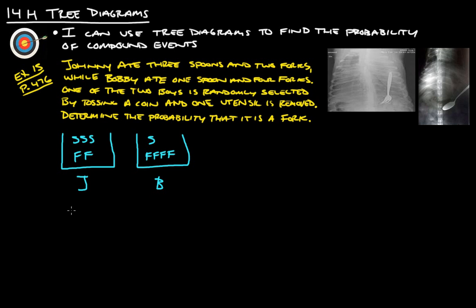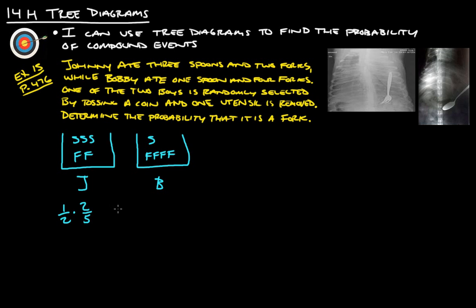So let's do this. How about let's do the probability that a fork is removed from Johnny. So the probability of Johnny being chosen is 0.5, and then a fork is 2 out of 5. So how about this? Let's do this back to fraction. This might be a little easier. So 1/2 times 2/5. Okay.